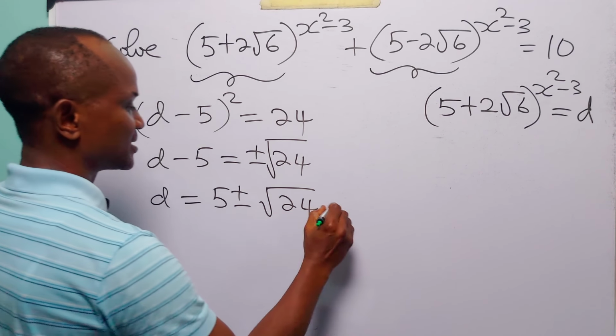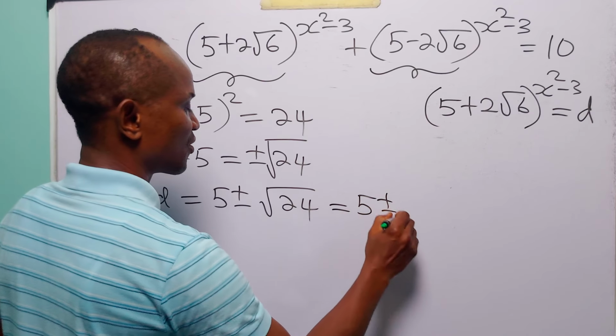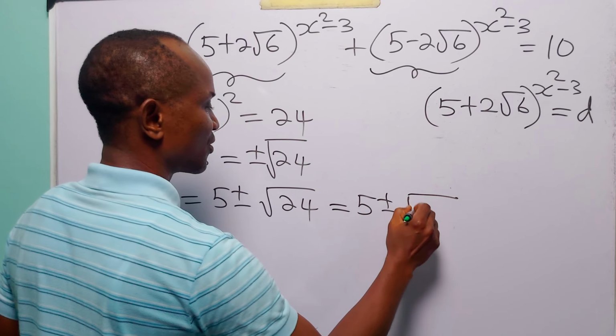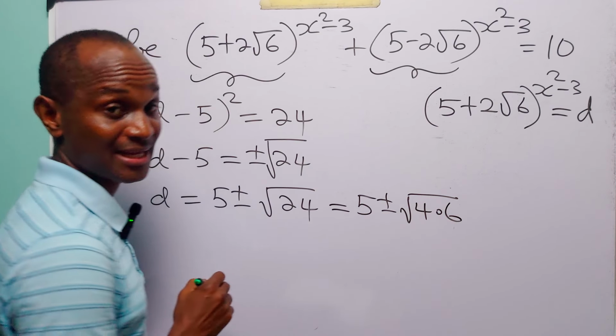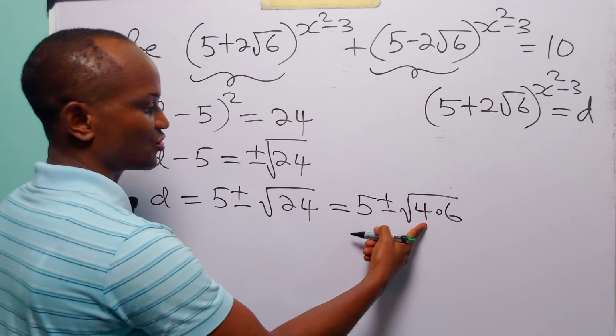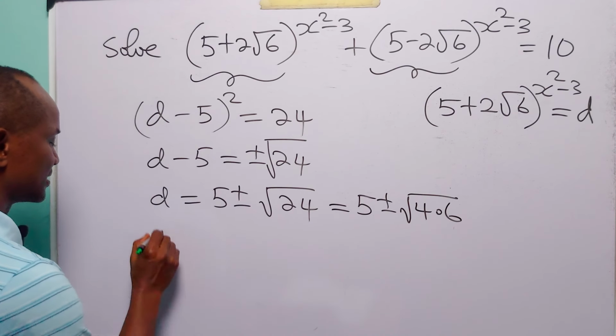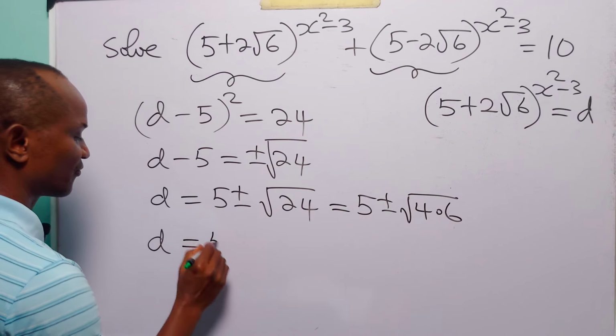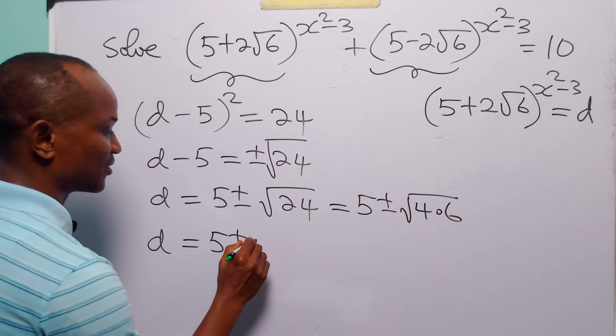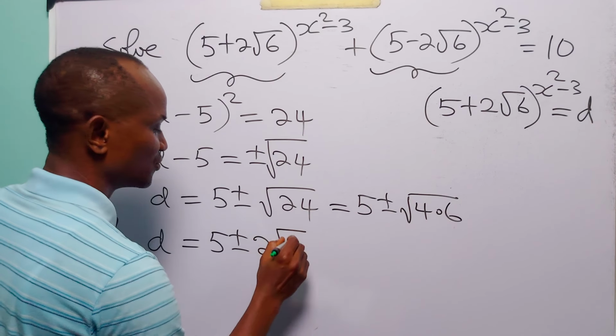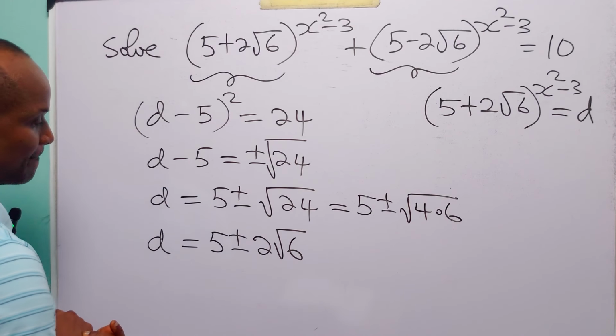But of course, this is the same as 5 plus or minus the square root of 4 multiplied by 6. And of course, you know that the square root of 4 is equal to 2. So we have that d is equal to 5 plus or minus 2 root 6.